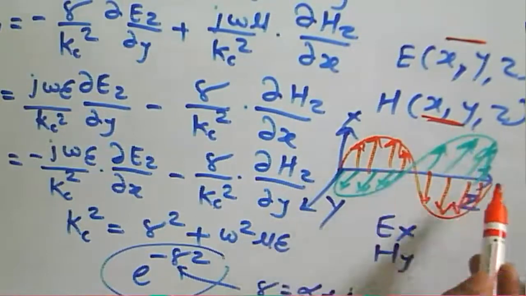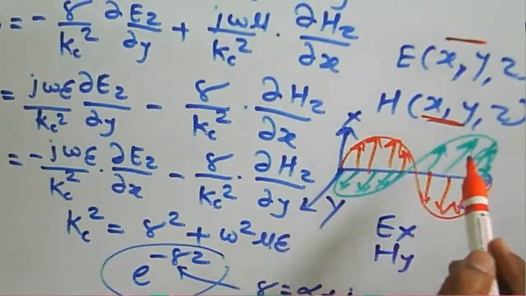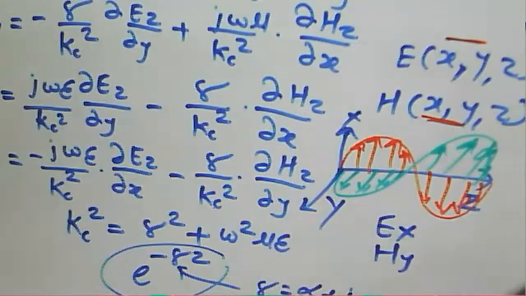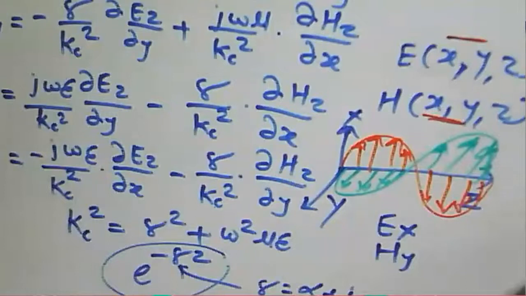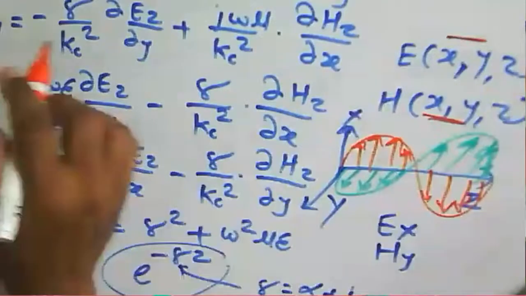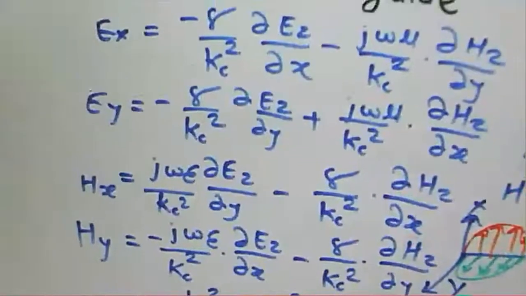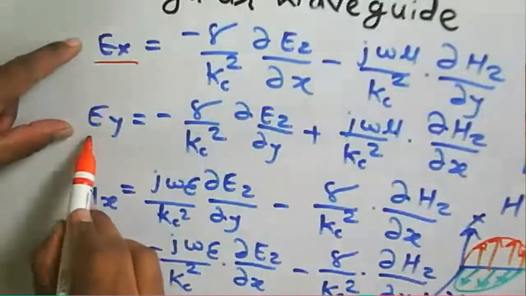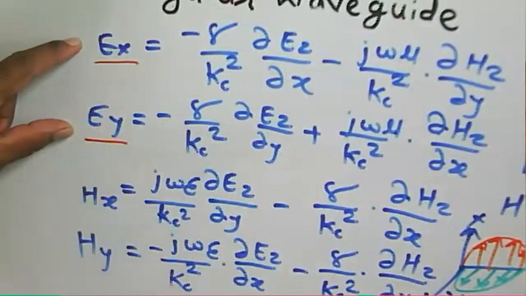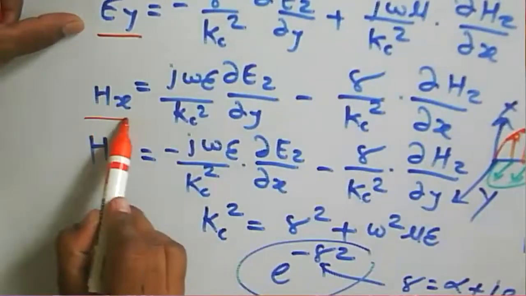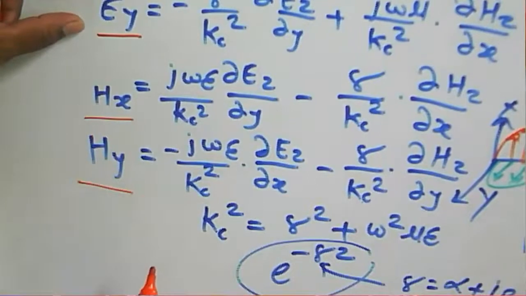From this waveform we understand the electric field has only an X component and the magnetic field only a Y component. But the equation is given as e raised to minus gamma z, with the wave propagating in a z direction. So we have a combination of components: the electric field has Ex and Ey components, and similarly the magnetic field has X and Y components, and the wave is propagating in a z direction.